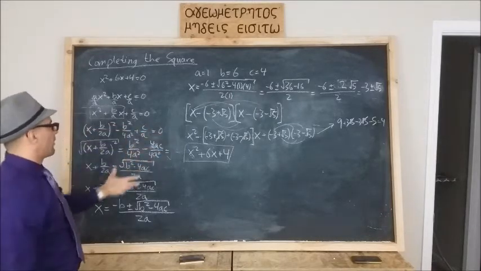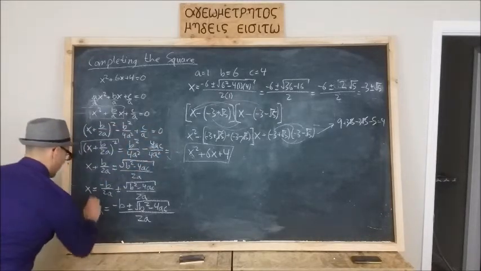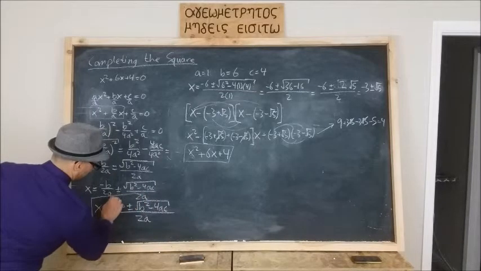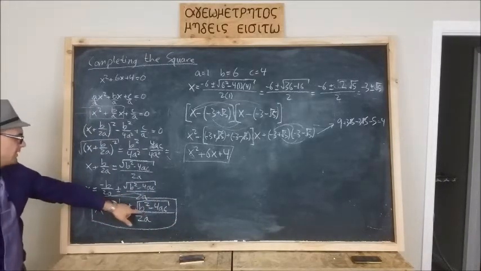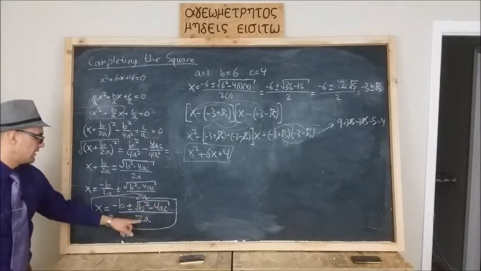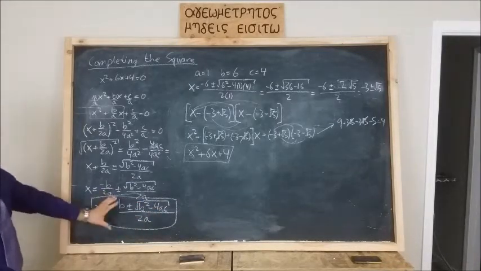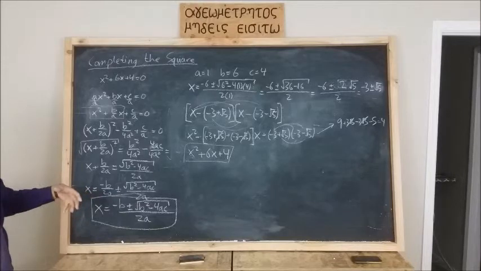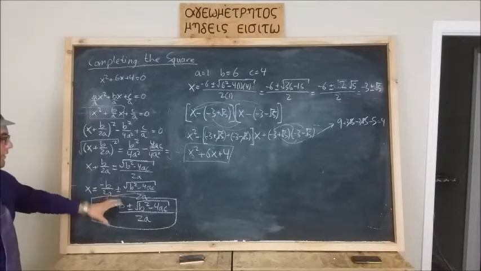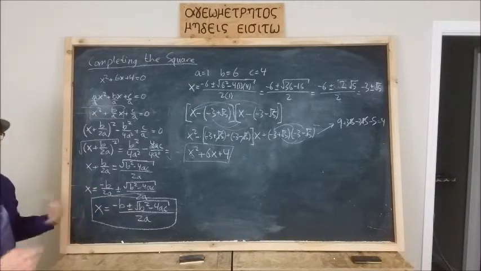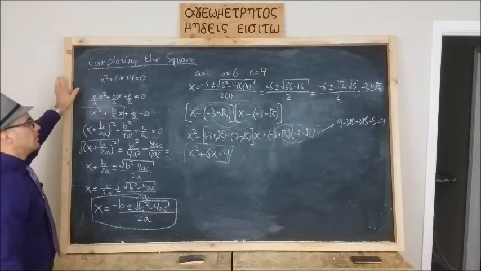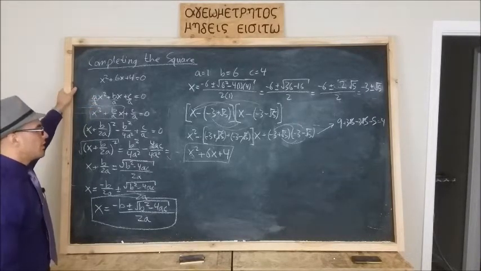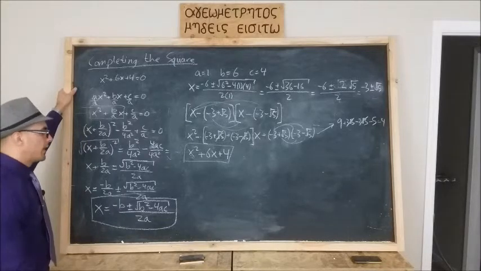That's the power of the quadratic formula: negative b plus or minus the square root of b squared minus 4ac all over 2a. So this works. This works all the time. Factoring has its limitations, especially if you're restricting yourself to whole numbers, which is usually the only practical way.